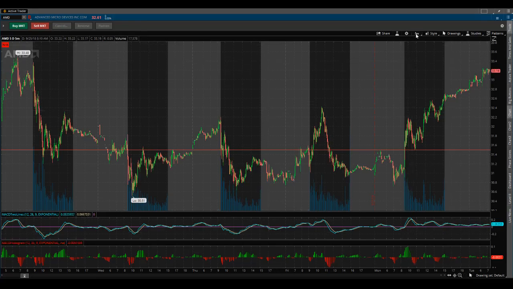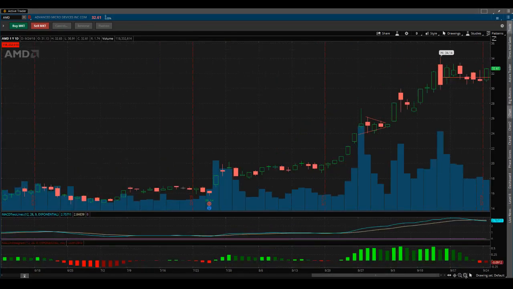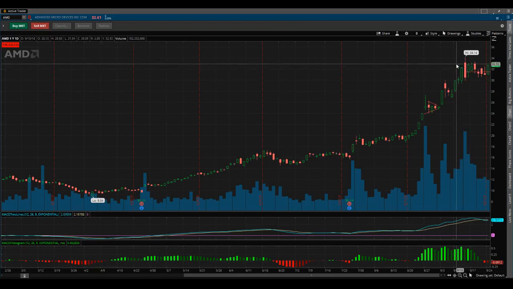So this is what I'm looking for on a breakout. Don't know if this is going to happen, but we'll take a look at it. It needs to break the high of where these guys were sitting at, where it was a problem. I'm going to say the problem area is maybe around $33, right? It needs to break above that and hold.